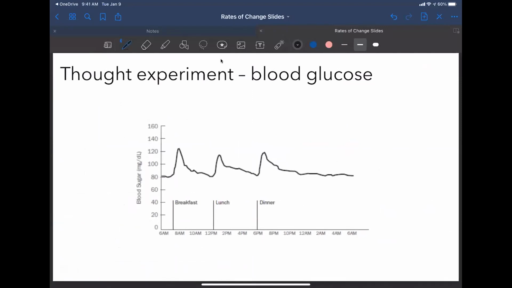It is one of the things that diabetics are frequently measuring. In a person without diabetes, blood sugar should stay between 80 and 120, so kind of within this range.